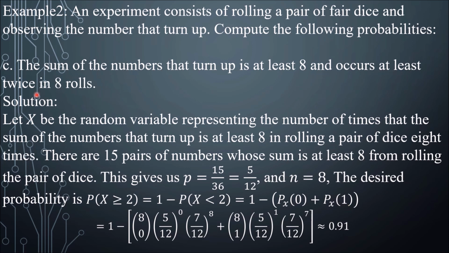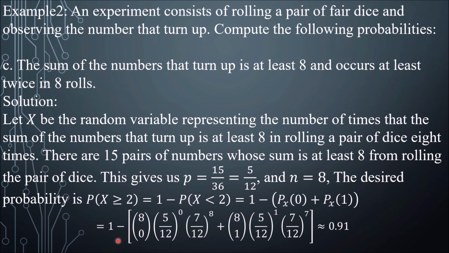At least twice, so you get the probability of 0 plus the probability of 1, and then you subtract that from the entire 100% probability. That is how we get at least twice.